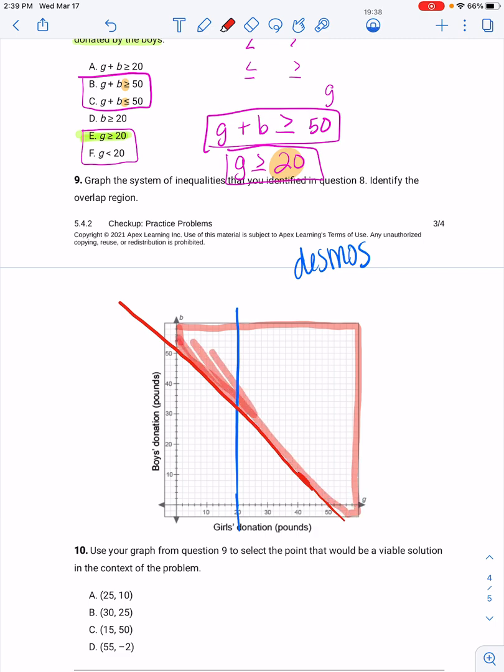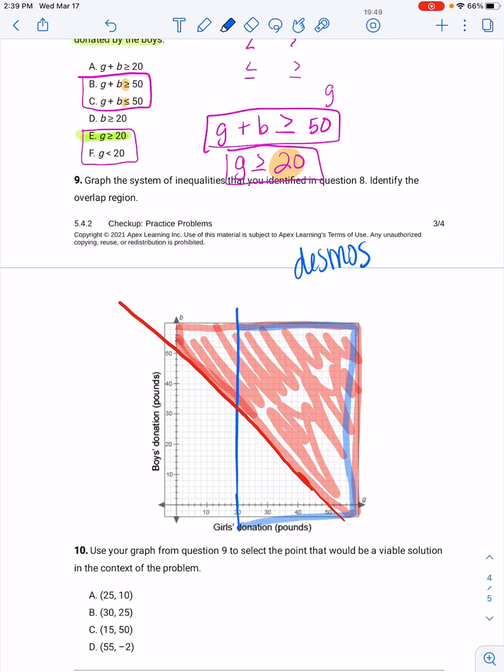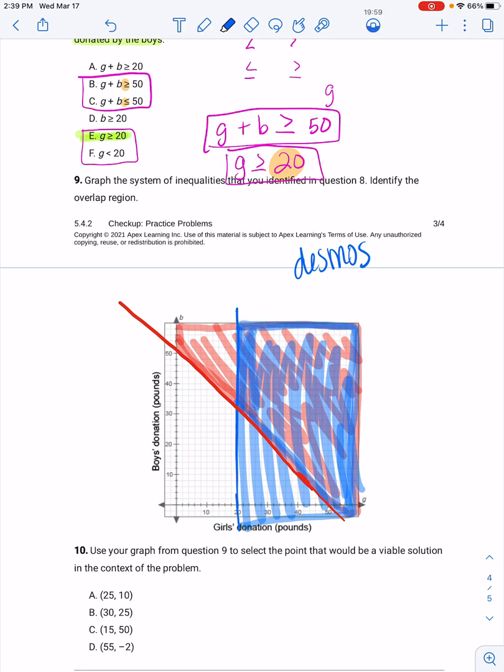This is all the red. And then for blue, everything greater than is this part right here. I'm going to shade that in. So our solution set comes from this area right here, the area where those colors overlap.